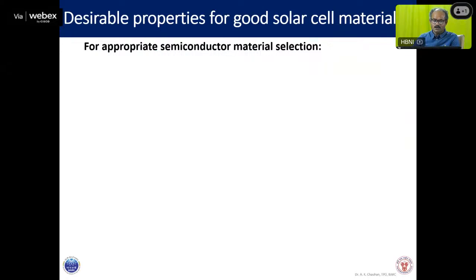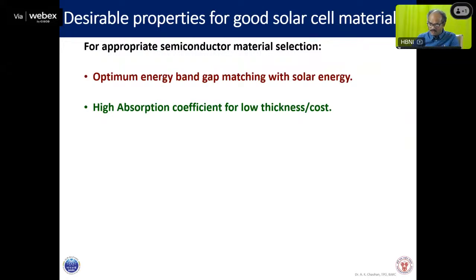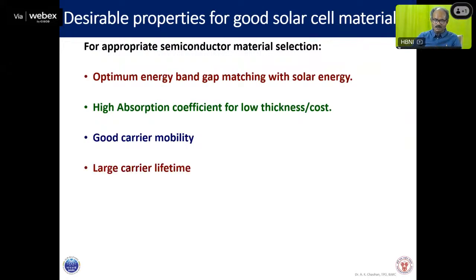So what are these? For appropriate semiconducting material selection, we should have an optimum energy band gap matching with the solar energy. It should have a high absorption coefficient for low thickness per cost. It should have good carrier mobility. Why is it necessary? If electrons and holes are recombined, these carriers should move faster. If they are not moving faster, the mobility is low, they can recombine.